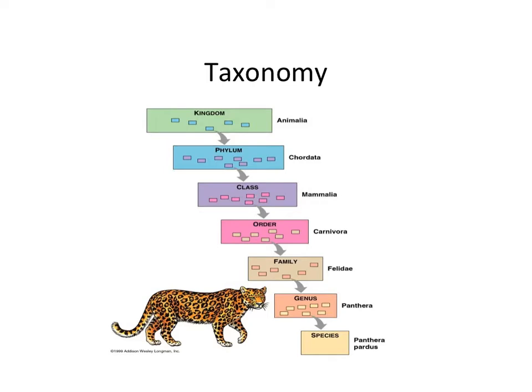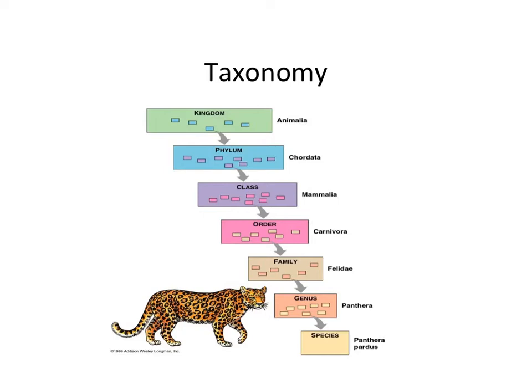Again, we'll talk about the binomial nomenclature more on the next slide, but taxonomy itself is simply the study or the naming of organisms. So we can call it the science of naming and classifying organisms. I'll repeat that. Again, it's the science of naming and classifying organisms.